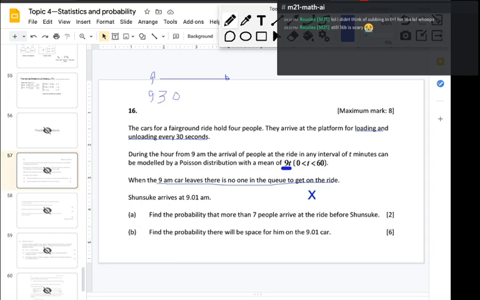And then we also have the 30-second car, and then we also have to consider the 1 minute car. This is when Shinsuke would arrive, right? And when we would need to see if 1 second, 60 seconds, then yeah.